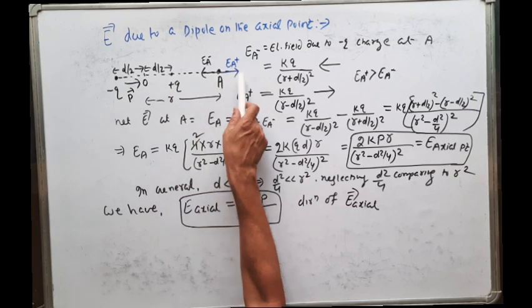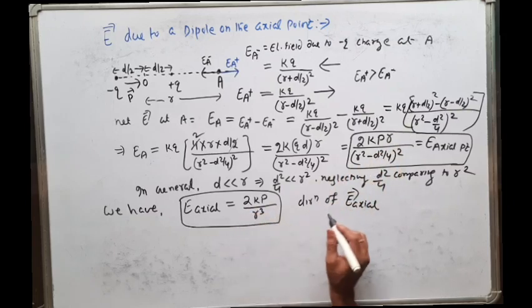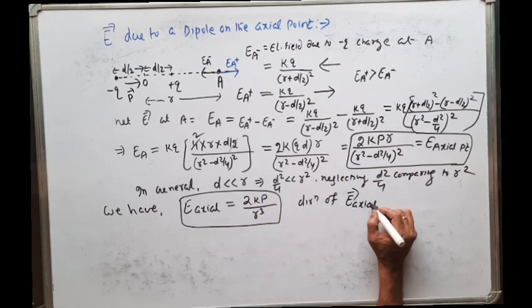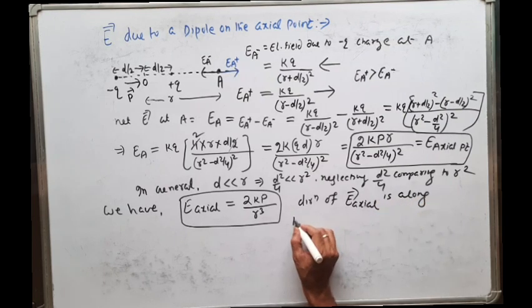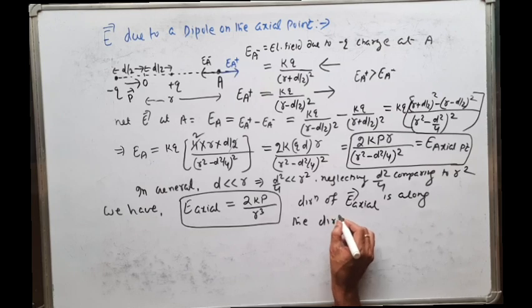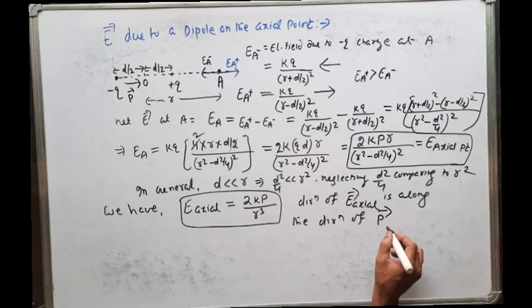Since we are getting net electric field intensity towards right, the direction of electric field intensity at axial point due to a dipole is along the direction of the dipole moment.